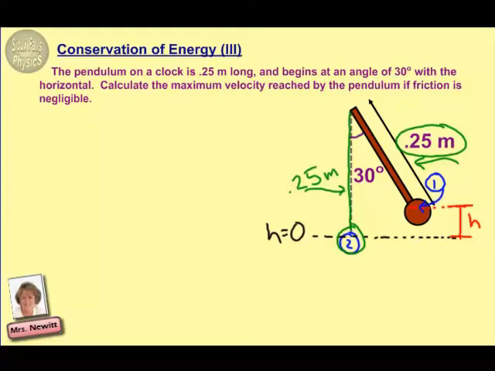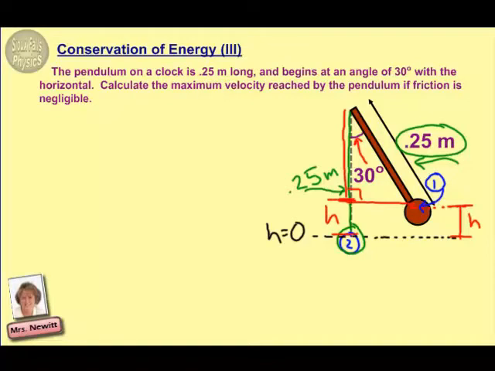What we want to do is create a right triangle between those two. And so here's our right angle, and the 30 degree angle is up there. We know that the hypotenuse is 0.25, but notice that this side of the triangle is going to be less than 0.25, and it is going to be less by that same amount of the height.